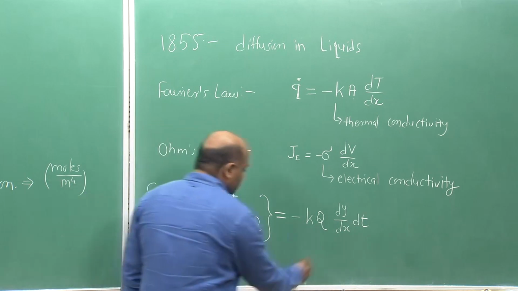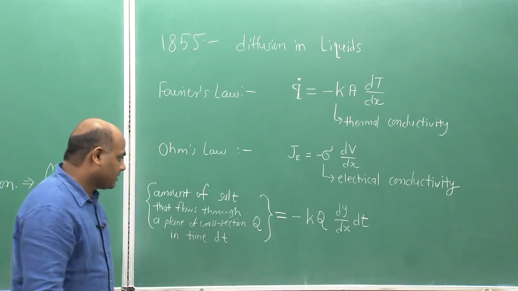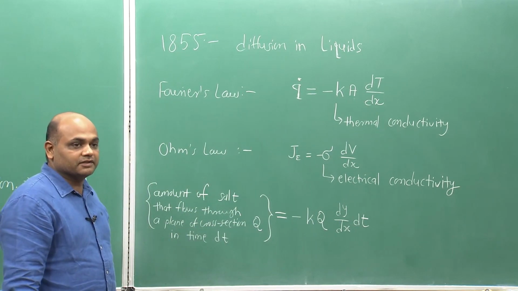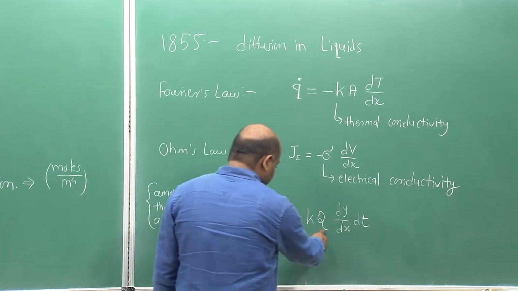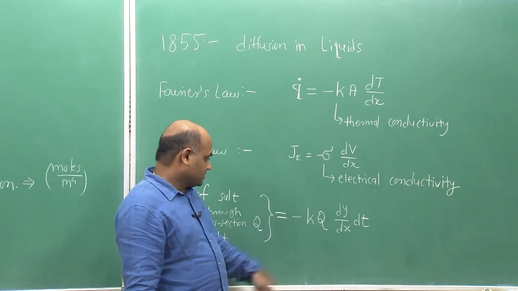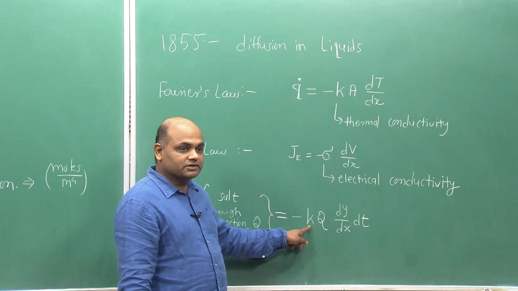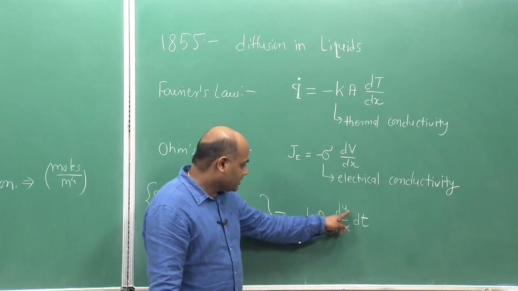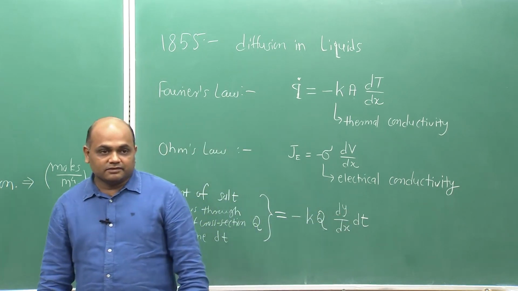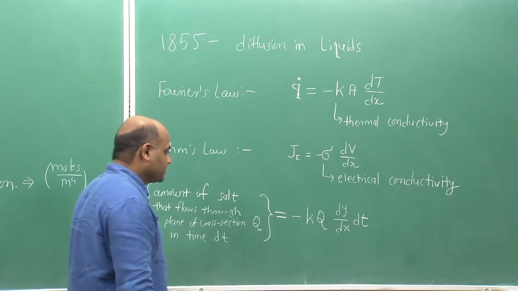So, this is in Fick's original notation, minus k q dy by dx times dt. Here q is the cross section area, k is the constant of proportionality, and he denoted y for the concentration, and x is the distance.